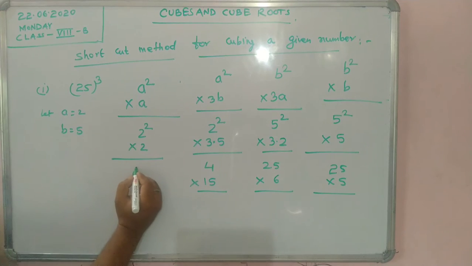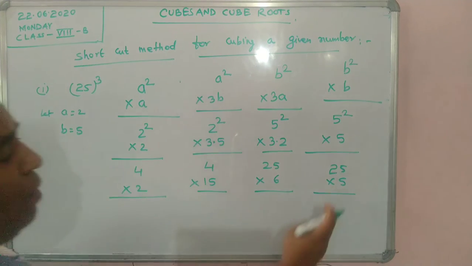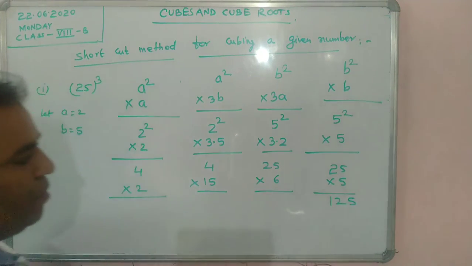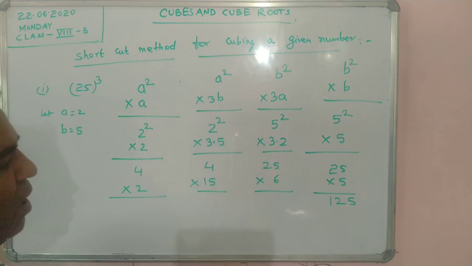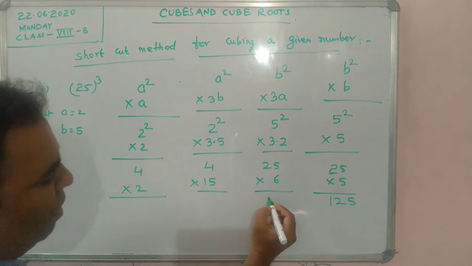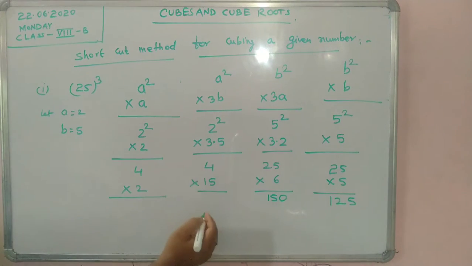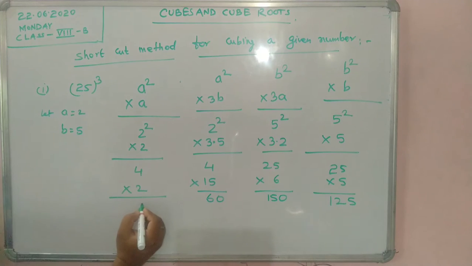And here 2 square, that means 4 into 2. So 25 into 5 is 125. Everywhere you will simply multiply and find the product. So 25 into 6 gives you 150. And 4 into 15 is 60. And 4 into 2 is 8.